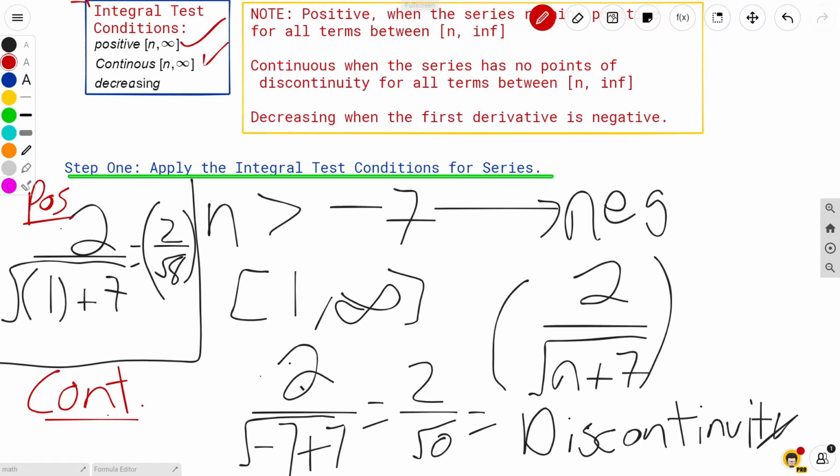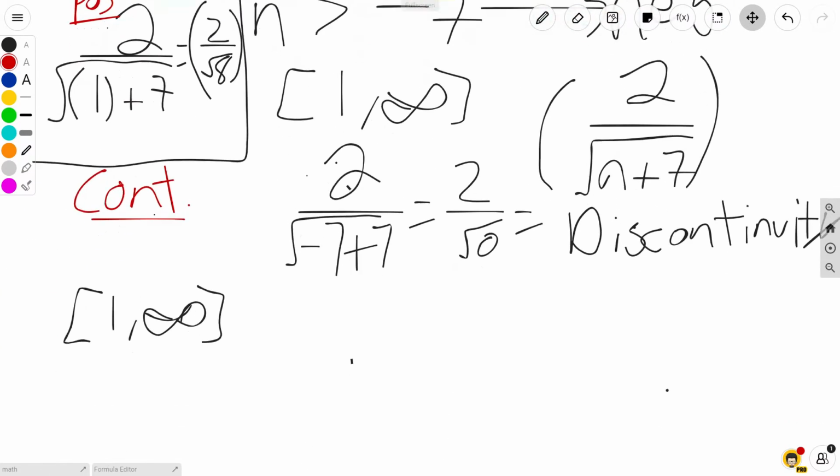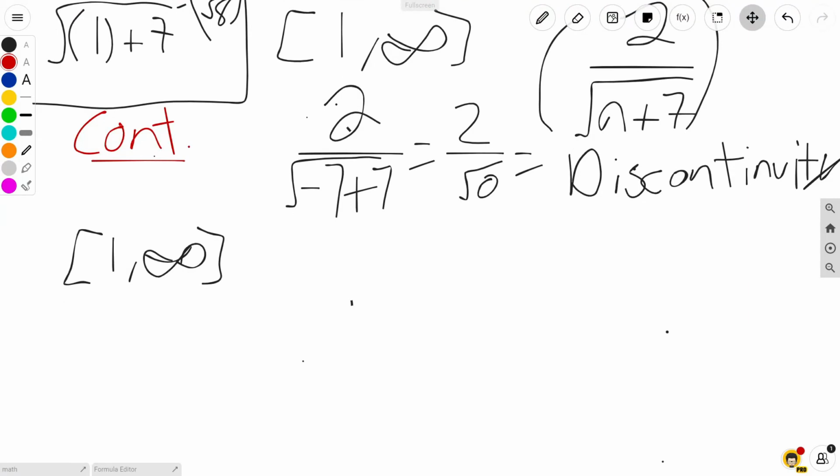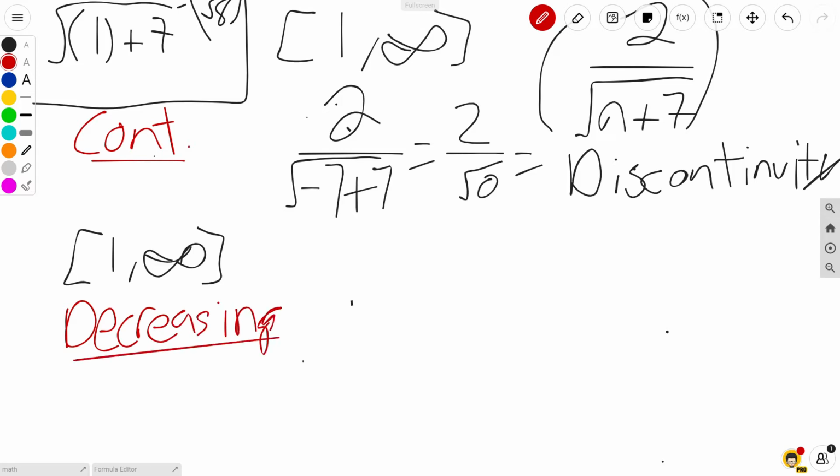Now we test condition 3. Condition 3 is: is it decreasing or not? So is this function decreasing? How do we do that? We simply take the first derivative.